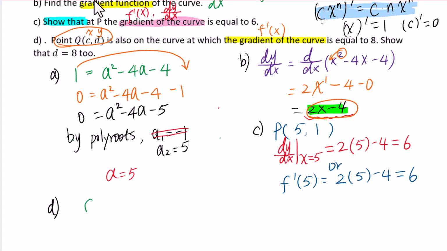So we get f prime of c equals... We will plug this c into the derivative of the function, 2x minus 4. So 2c minus 4. 2c minus 4 equals 8.